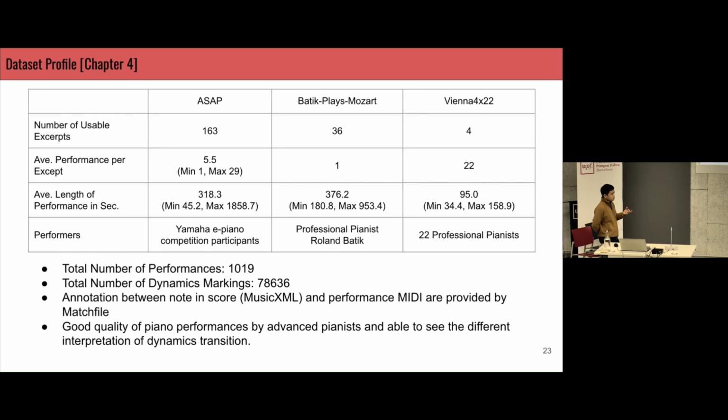So each note performed on the score is tagged from the MusicXML by the match file. So we can find the positioning of the dynamics markings from this structure of the datasets. So I combined those three datasets.